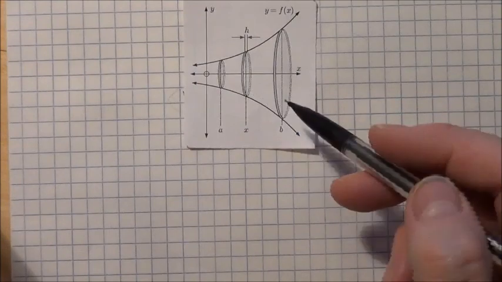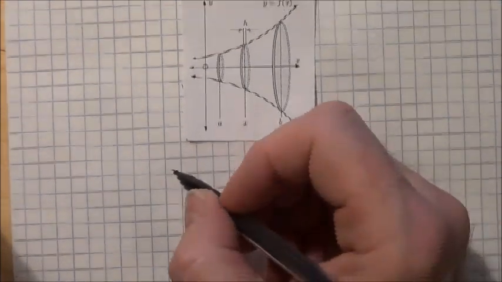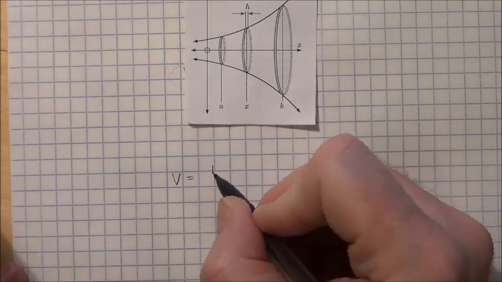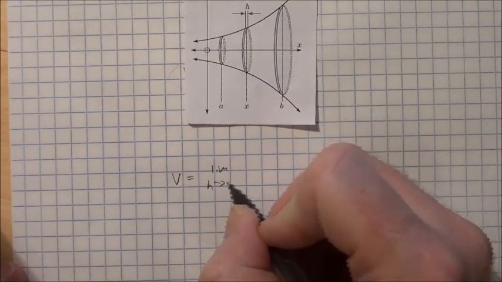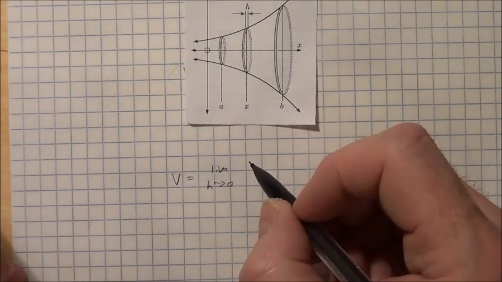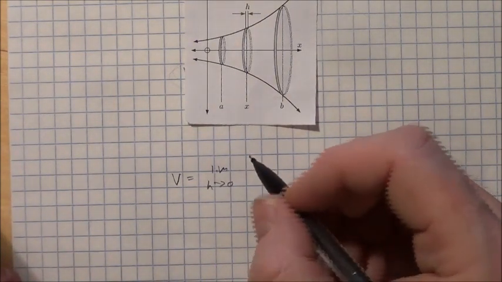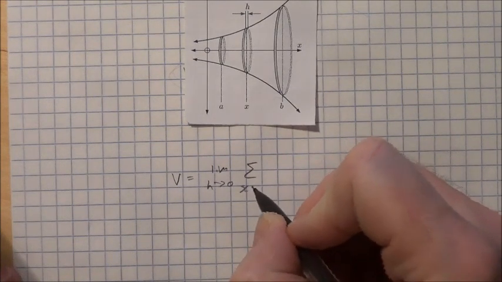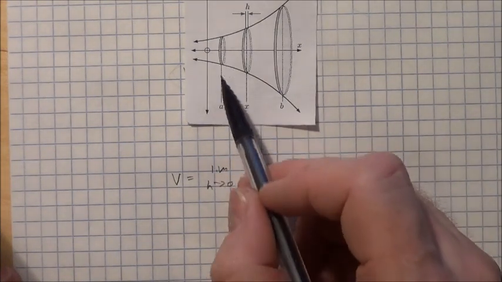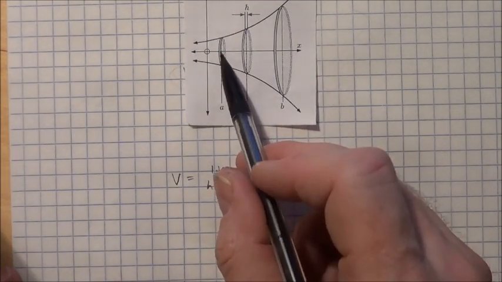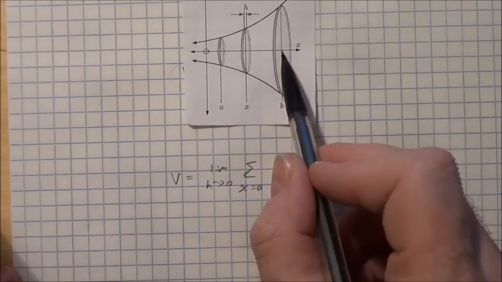We can get a volume of rotation, and the volume ends up being the limit as h approaches 0 of the sum from x equals a, which is the lower limit, the x value here, up to x equals b.